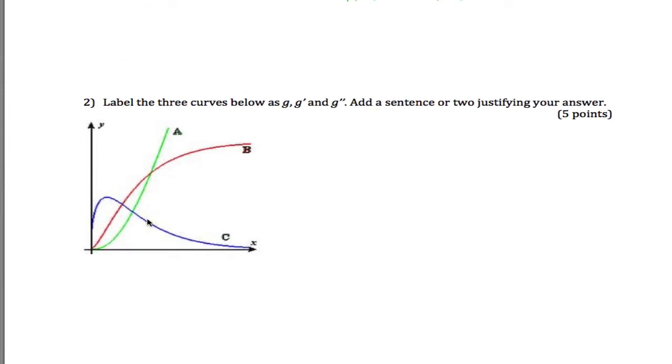Okay, one thing to notice is that C, this blue graph right here, is decreasing, right? Everywhere from this point right in here over to here, it's decreasing.